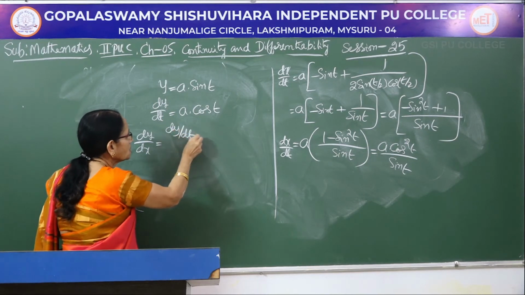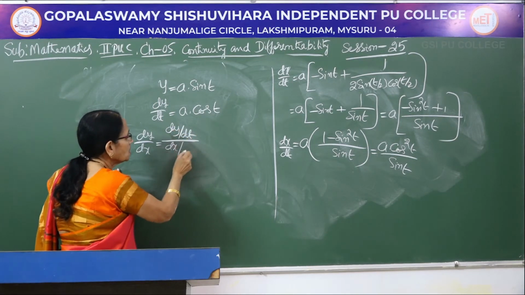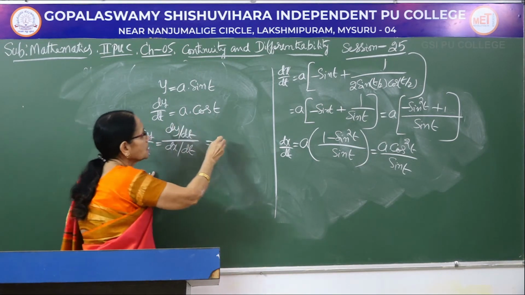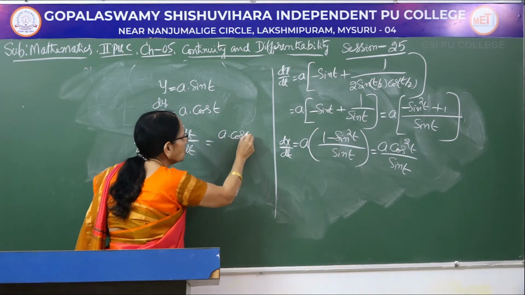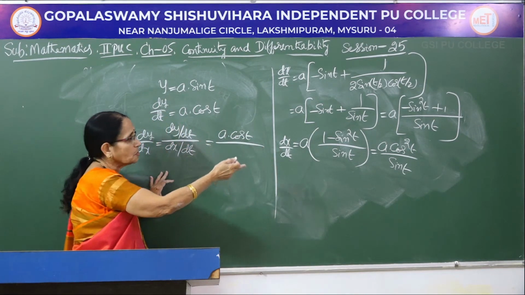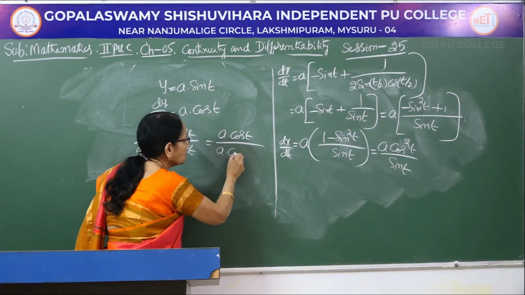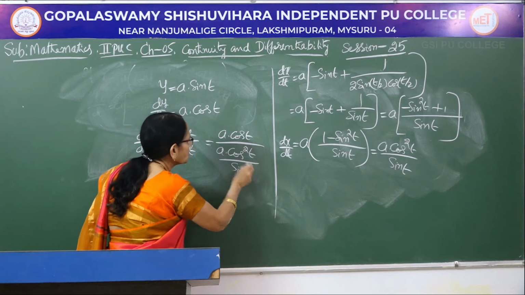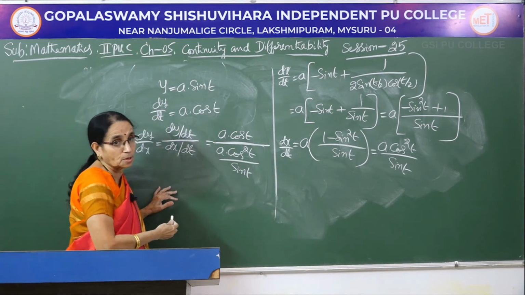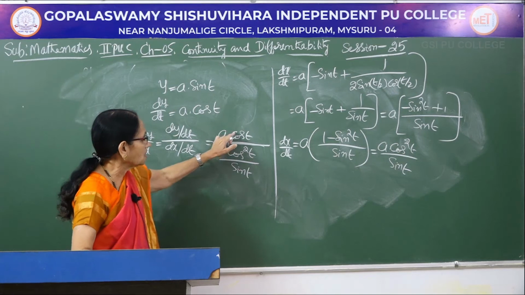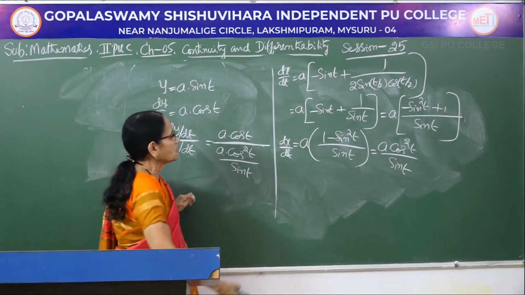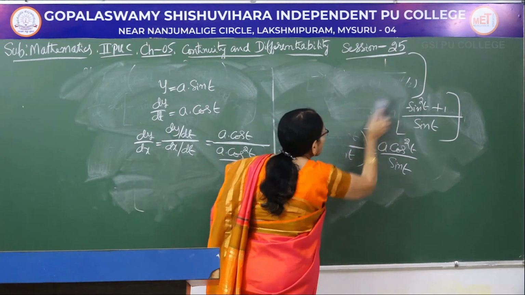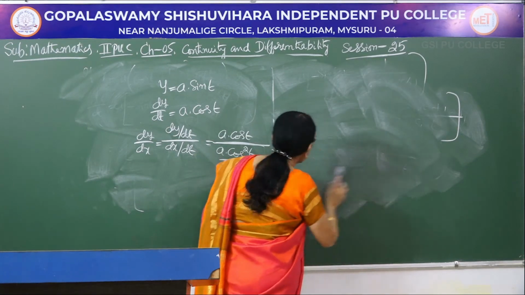Since we want the value of dy by dx here, let me write the formula. Dy by dt divided by dx by dt. Now, carefully you write. Dy by dt is a into cos t. What is dx by dt? There we are having a into cos square t by sin t. So, write this line a little lengthier, because this is a fraction which we are having in the denominator, and as you know, the denominator of the denominator goes to the numerator.